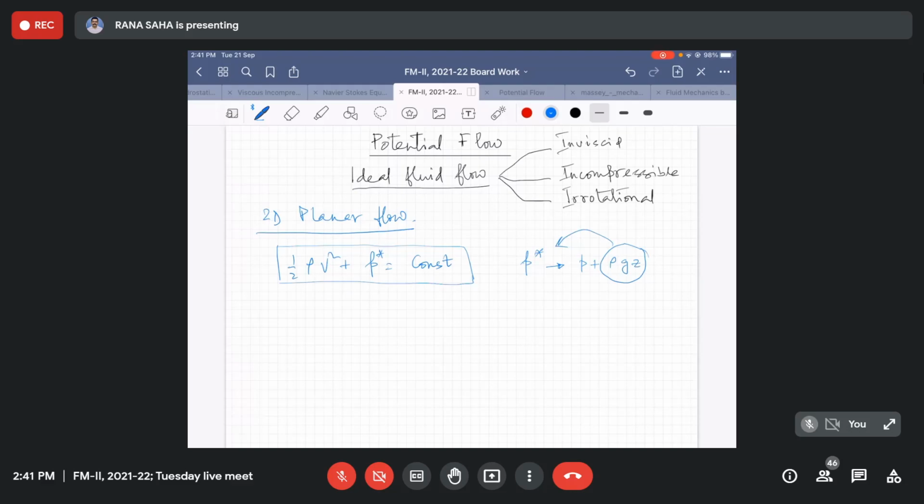So in potential flow, it is actually the Bernoulli's equation which is applicable, and it is obvious because if you look into the assumptions, incompressible, inviscid, irrotational, while deriving the Bernoulli's equation from a different approach, perhaps you came through these different assumptions and dropping one by one term to arrive into the same form.